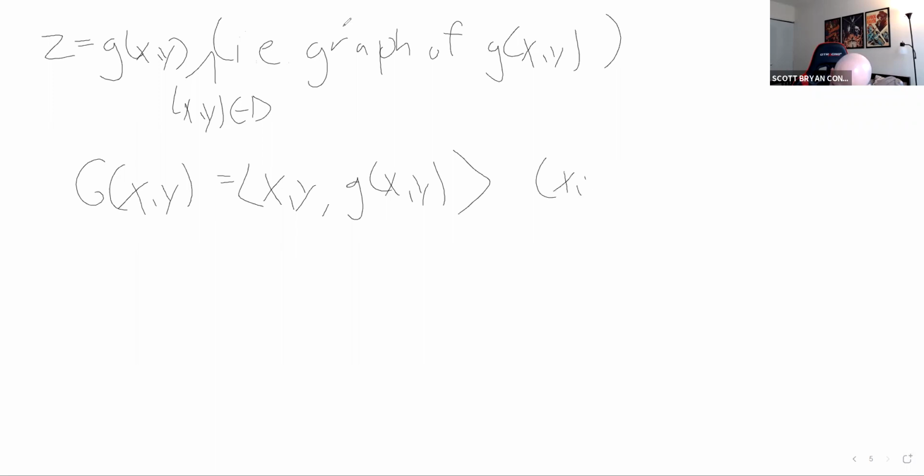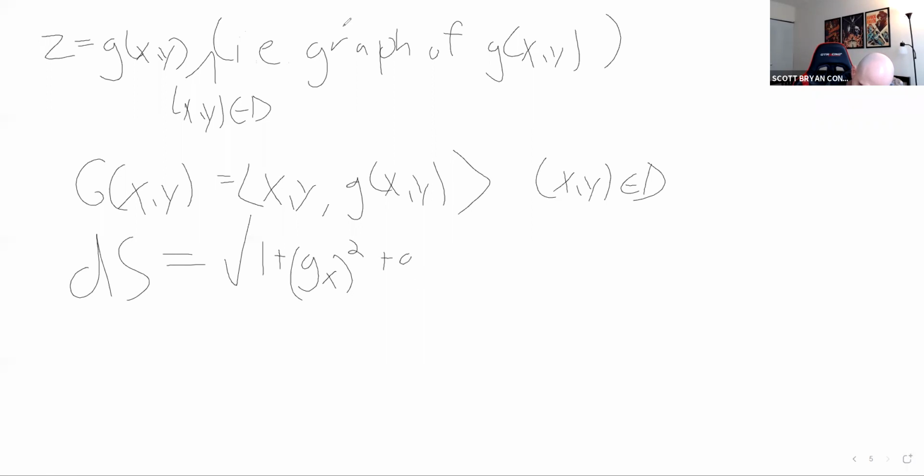And then x and y lie in the same region D, as we were told before, because x is x and y is y. So for scalar functions, dS is going to be the square root of 1 plus the partial g with respect to x squared plus the partial g with respect to y squared, dA. Good to have memorized, but you won't lose too much time calculating.